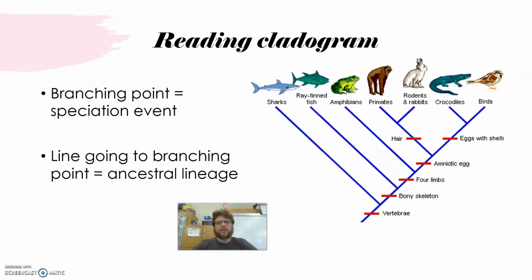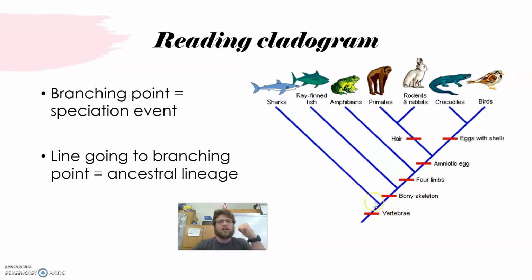So when we look at this cladogram, there was an ancestral species here that had a backbone, but there were two populations that slowly began separating. Mutations in those separate populations built up. They were isolated, natural selection in different environments started selecting for different variations, and they became so different that they speciated.